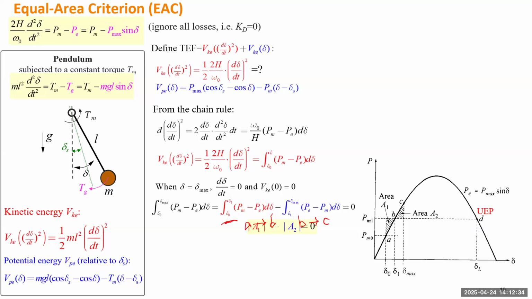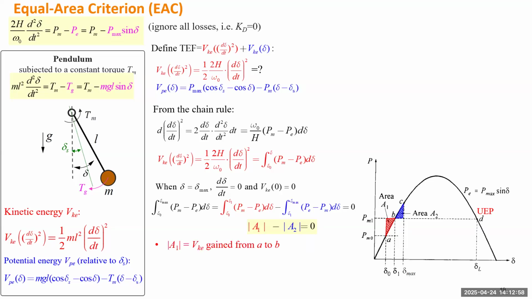The first one corresponding to the integration is the area under this curve, area 1. That's similar to a triangular area, but it's not a triangle. And the second part is area 2, above the new equilibrium point. So we have a red area and a blue area.